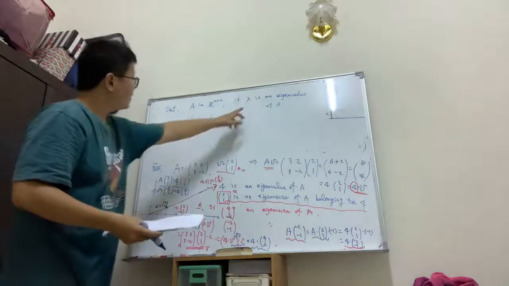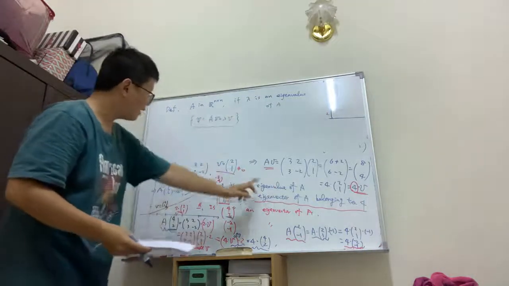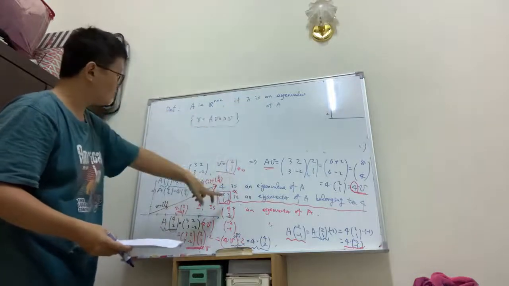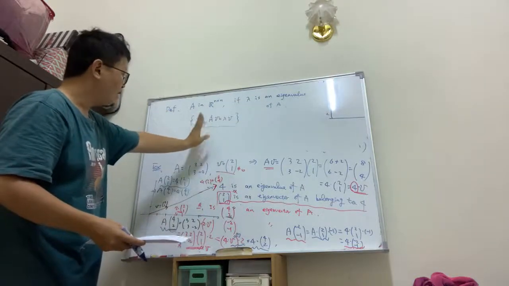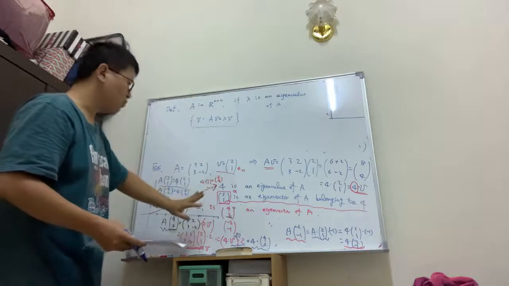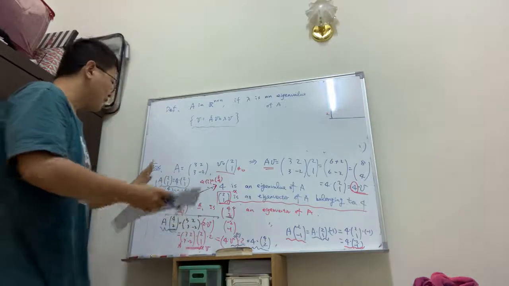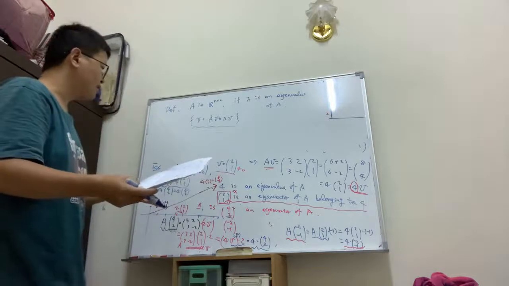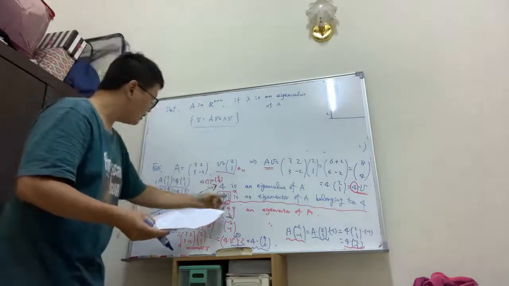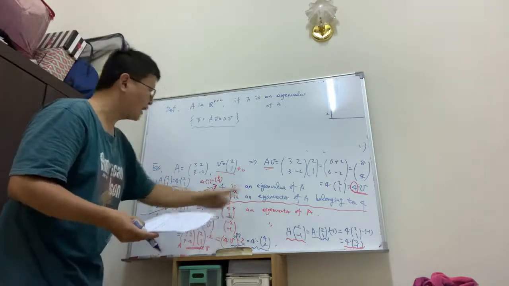We say for this eigenvalue 4, the vector 2, 1 is an eigenvector. Of course, we don't know whether it has another eigenvector, but at least we know that if we multiply by any scalar, it is also an eigenvector.